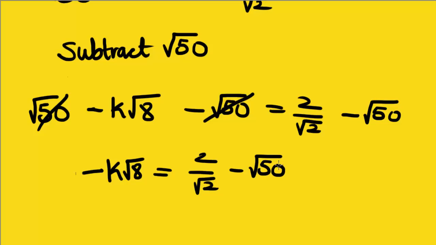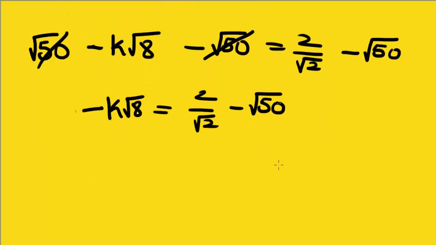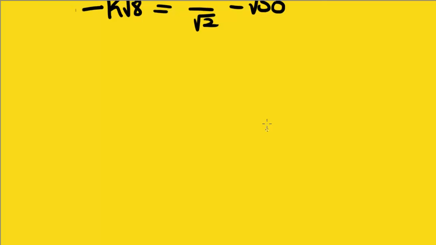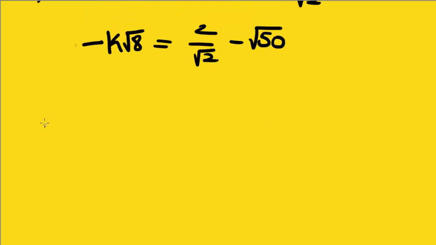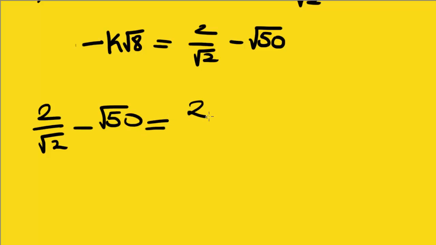So a logical step will be to simplify the right hand side. Starting from 2 root 2 minus root 50, you want to simplify this. I like to handle addition and subtraction involving fractions by rewriting the expression such that both fractions have the same denominator.